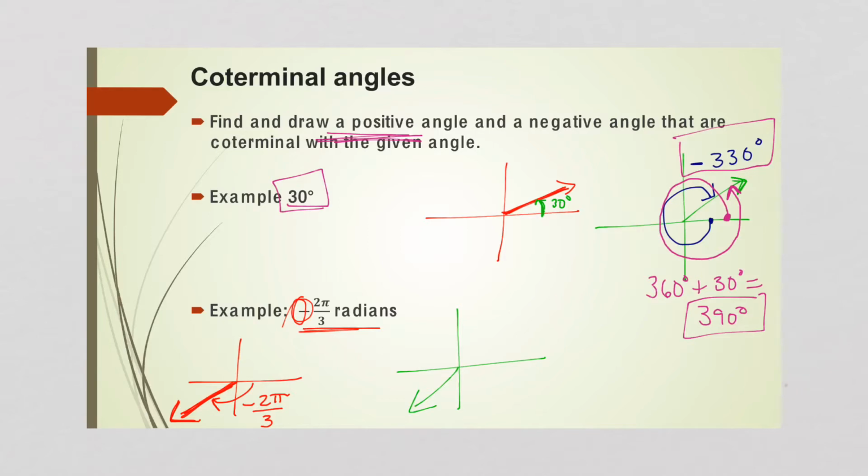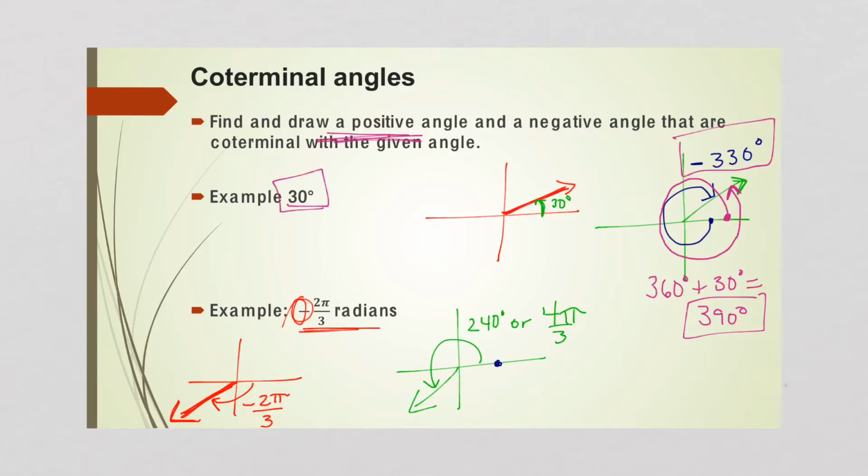Well, if I go in the positive direction, I find that I have gone 240 degrees, or 4 pi over 3 radians for my first angle. For my second angle, remember, I gotta go positive or negative.